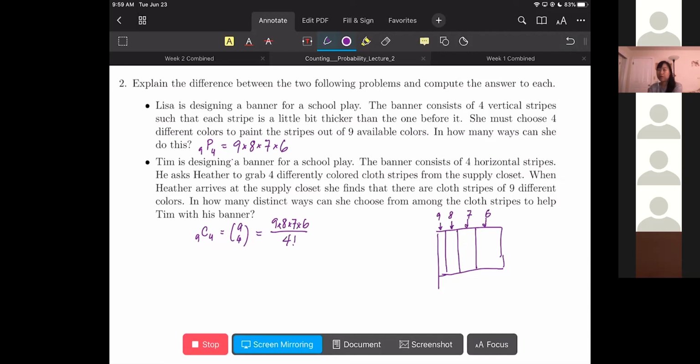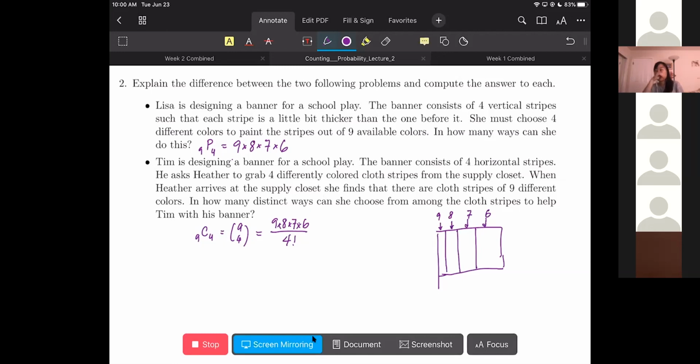So the order matters in this case. In the second case, the order doesn't matter because Heather is just picking 4 cloth stripes, and it doesn't matter which order she takes them in because she just takes a bundle and brings them to Tim. Does that help? Okay, thanks.